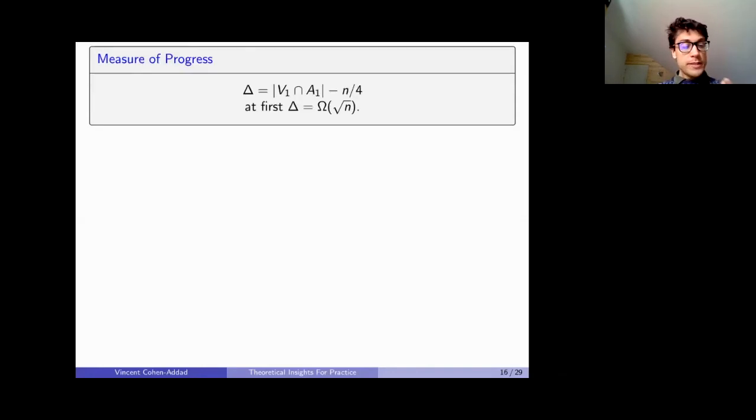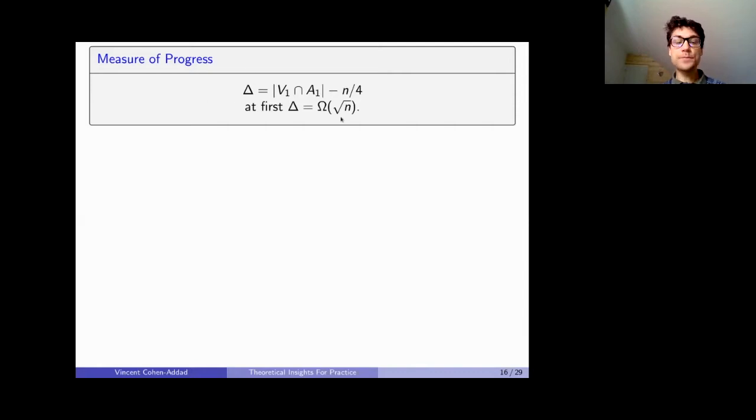And what we do is that we need to measure how much progress the algorithm does. So we have that delta is how much above 50% you are in A1. So in V1, most vertices are from A1, and we start with 50% plus square root, and now we want to count how much higher than 50% we are.